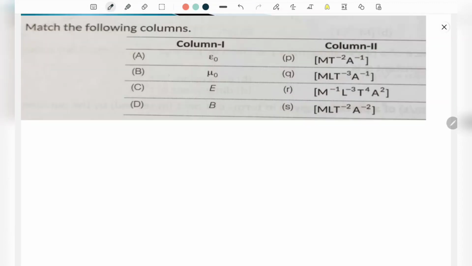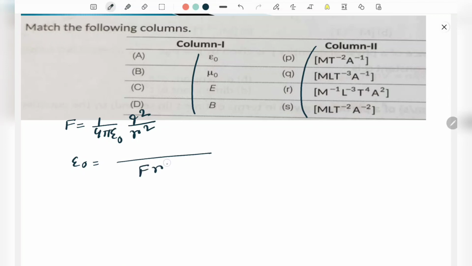In this problem, they want us to match these quantities on the left hand side with the dimensions provided on the right hand side. We have already deduced the dimension for epsilon naught in our previous classes. We can do that using this equation, which is the equation of force. Charge is current into time.